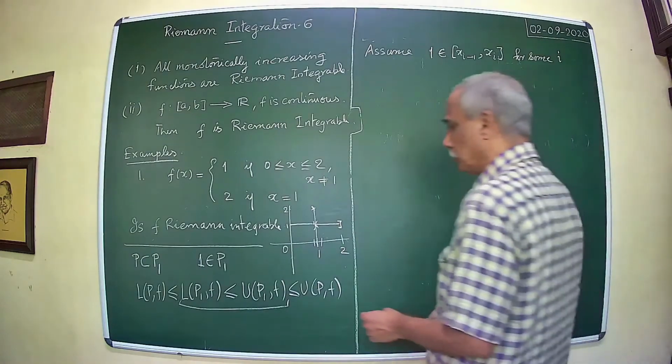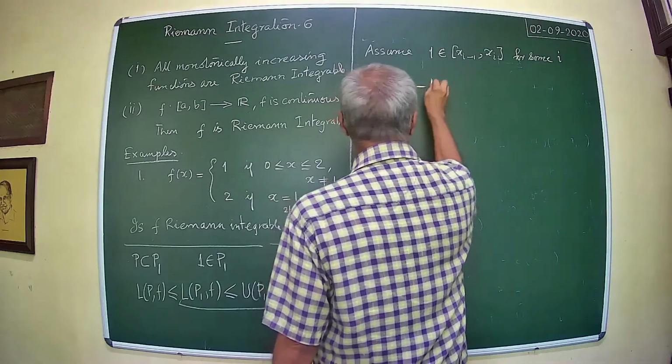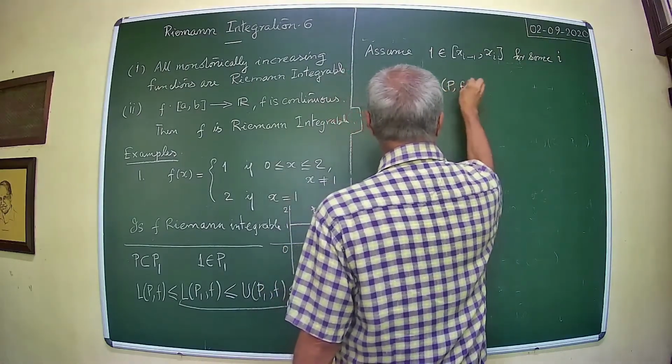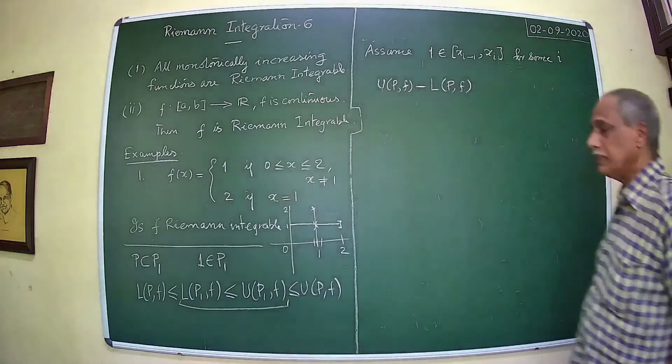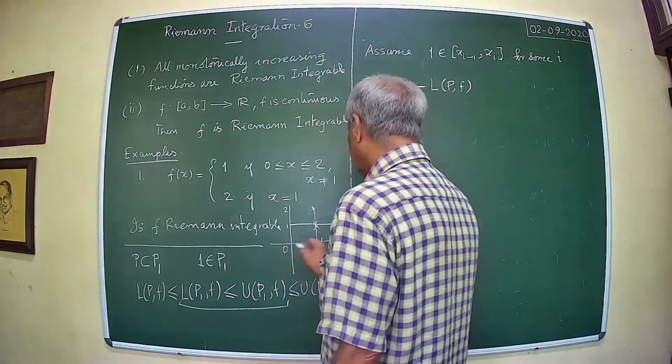Now let us compute U(P, f) minus L(P, f). See that as far as the other points are concerned, they are here.